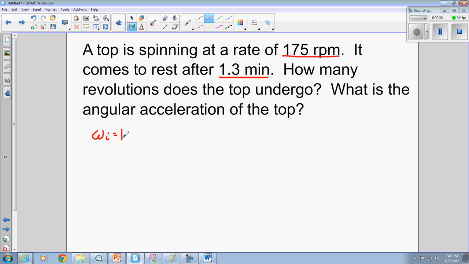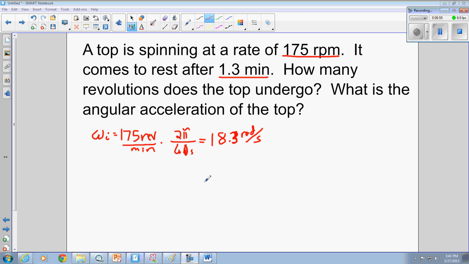It's 175. Now that's revolutions per minute. We got to change that to radians per second. So multiply by 2 pi radians over 60 seconds, and we get 18.3 radians per second.